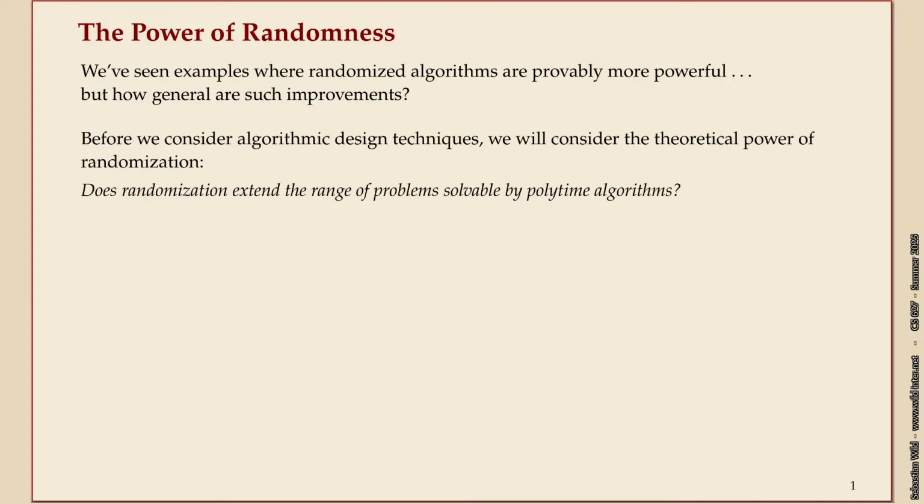In particular, from a complexity theory perspective, the question is, can you solve more decision problems, or more problems in general, with randomization in polynomial time than without? And so we'll essentially look only at decision problems here and try to build up a cleaner complexity view on these things.